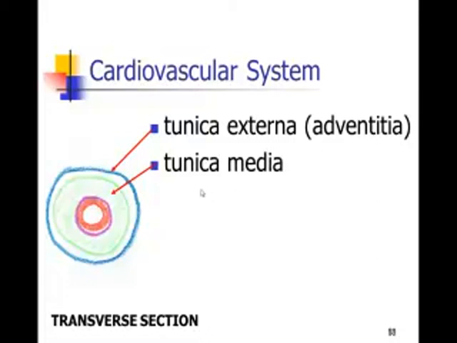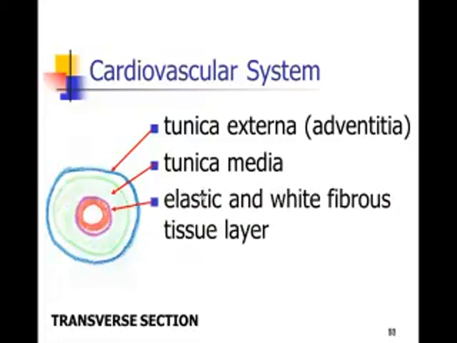In an arteriole, the tunica media is going to be about 8 cells thick. And in the capillaries, it's 0. There is no muscle tissue in the capillaries. And then the venules and the veins are going to be about the same, 2 to 3 muscle cells thick. We have the elastic and white fibrous tissue layer that's going to surround the lumen, and it's going to be deep to the tunica media.